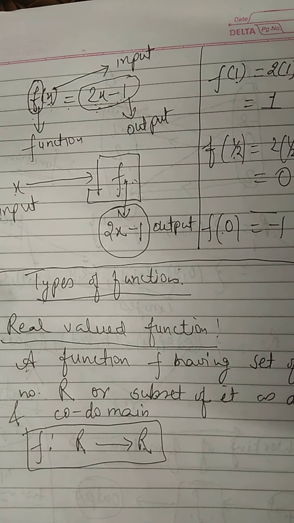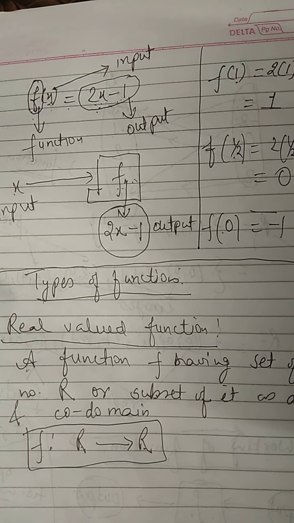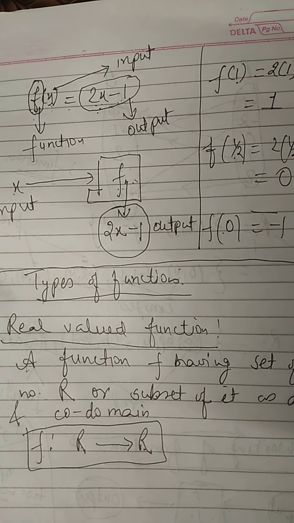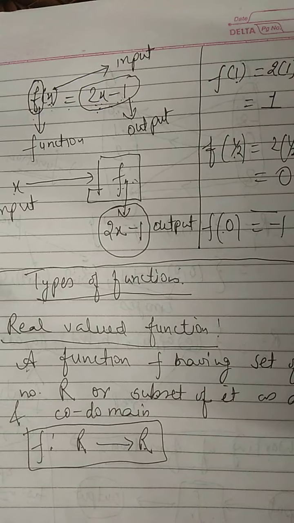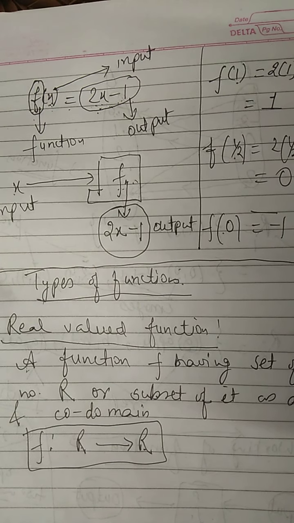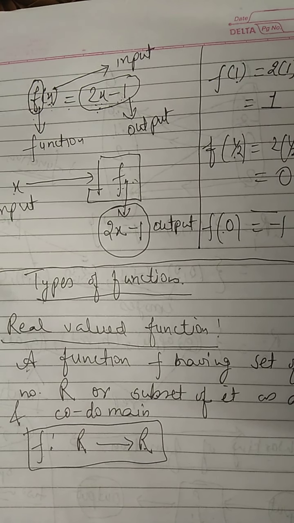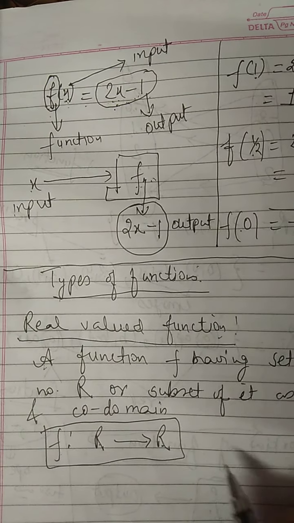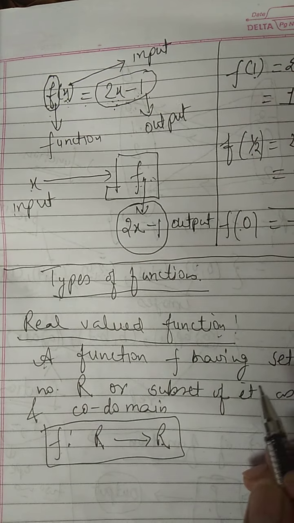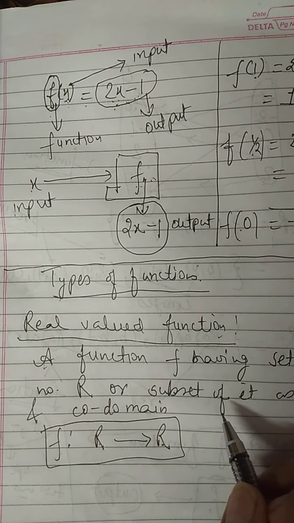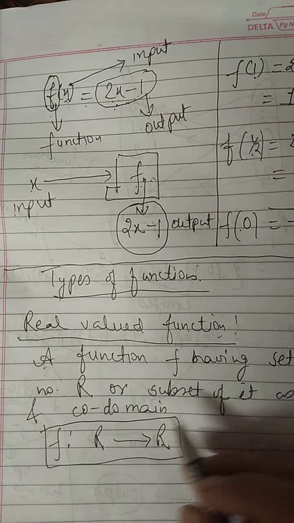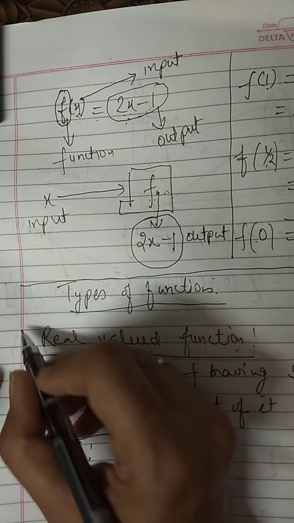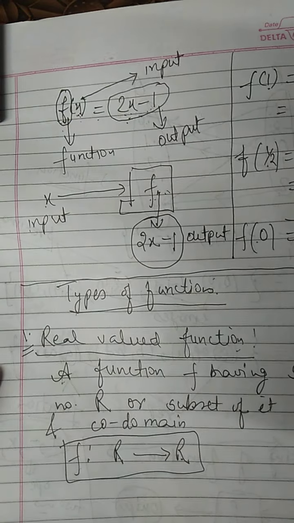Whatever functions we have used and will be using, most of them are real valued functions, unless it is specified that we are considering imaginary terms also. This is the simple definition, and after this, all the functions we discuss are real valued functions only.